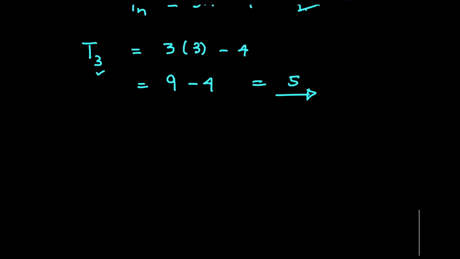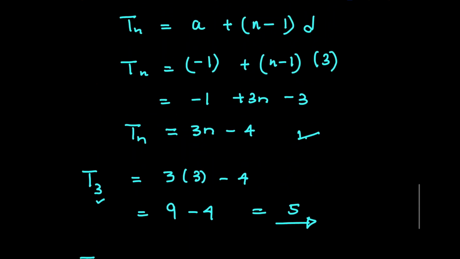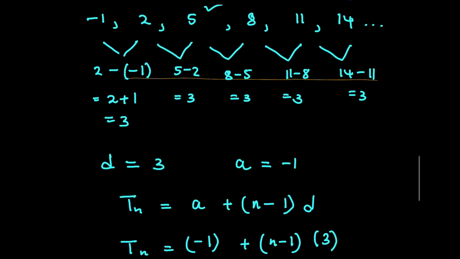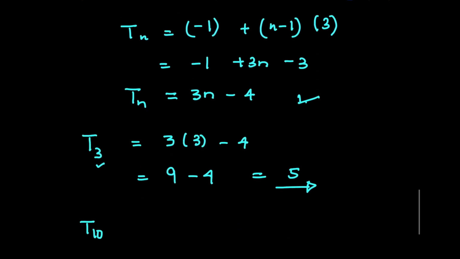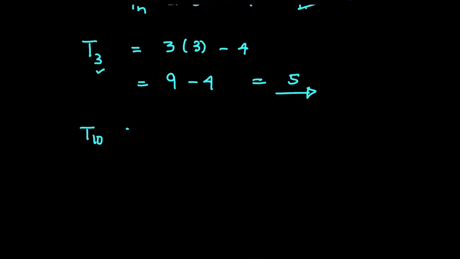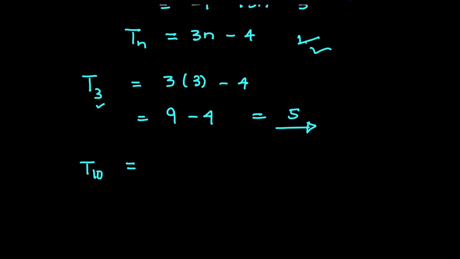So what about term number 10, for example? Even though it's not in this sequence, we are continuing in this fashion. Those 3 dots mean that it is continuing. If you're asked to find term number 10, you use the same nth term.